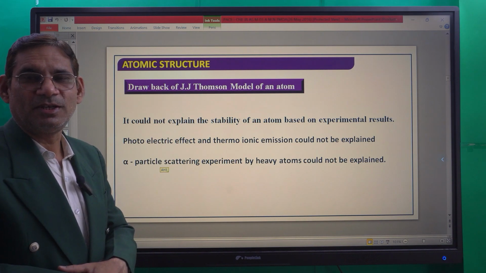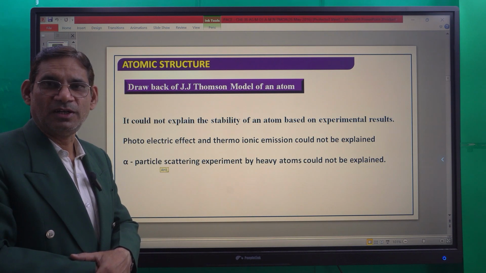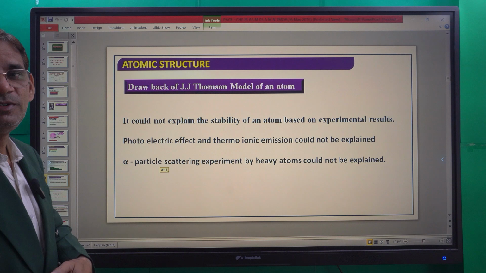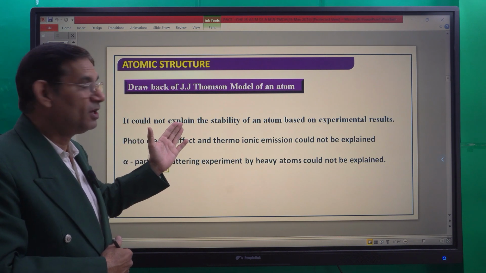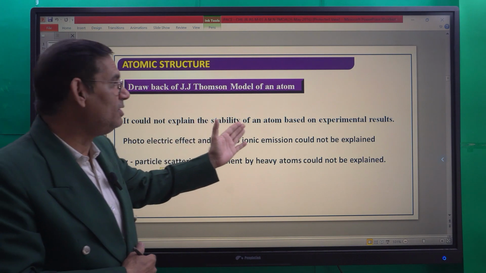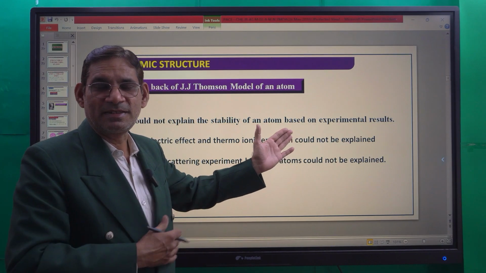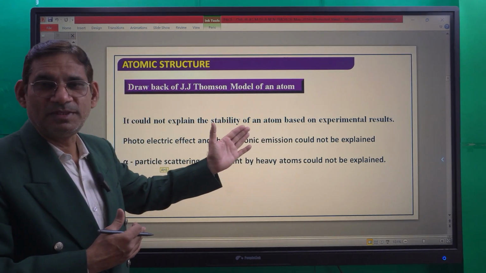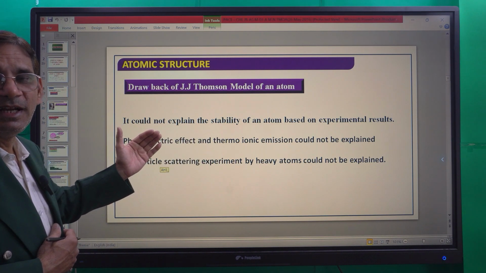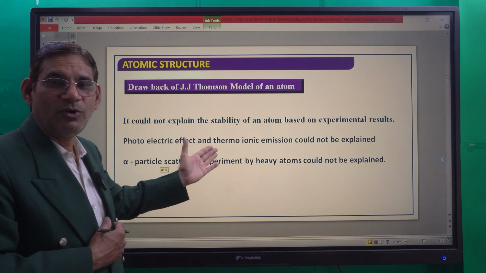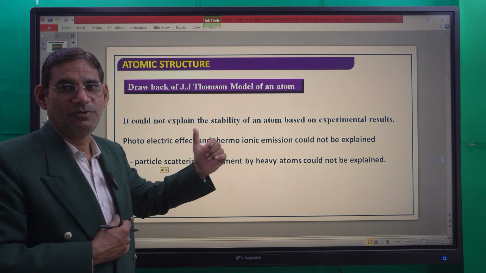Now these were the postulates of Thomson's atomic model. Now what were the drawbacks of Thomson's atomic model? This we will do here in this topic. This model was unable to explain the stability of the atom based on the experimental results. Why are atoms stable? It was unable to explain this. It was unable to explain the photoelectric effect and thermionic emission also.